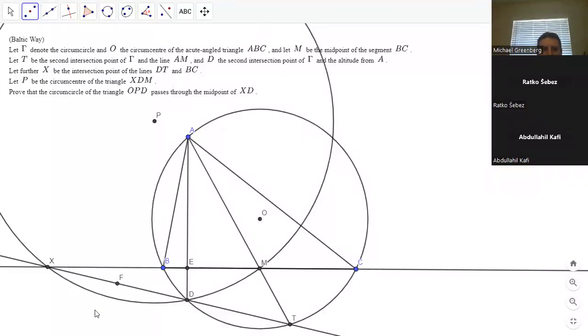We want to show that OPDF is cyclic. And PF is a right angle, right? Because it's the midpoint. So we want to show POD is 90 degrees. That's another way to state the problem.